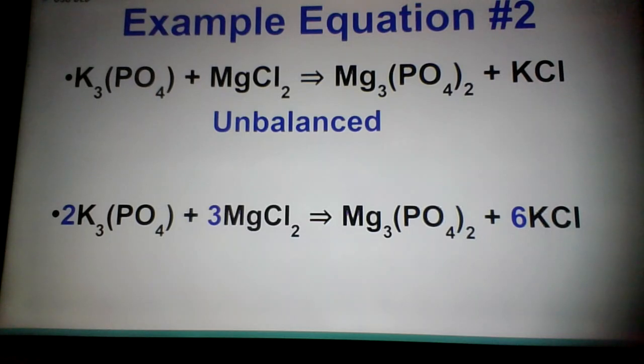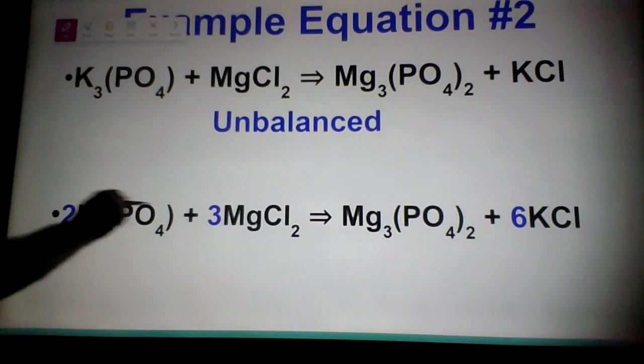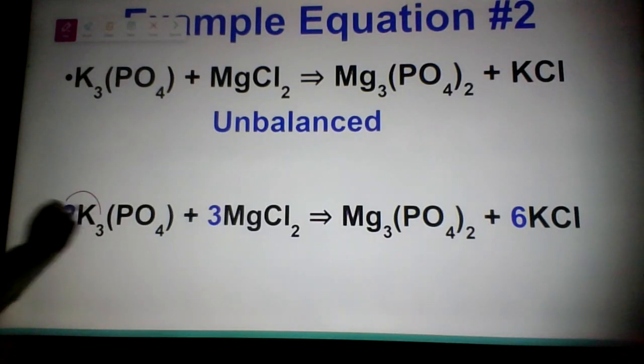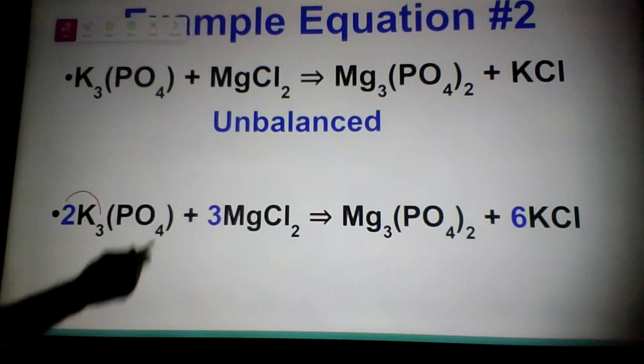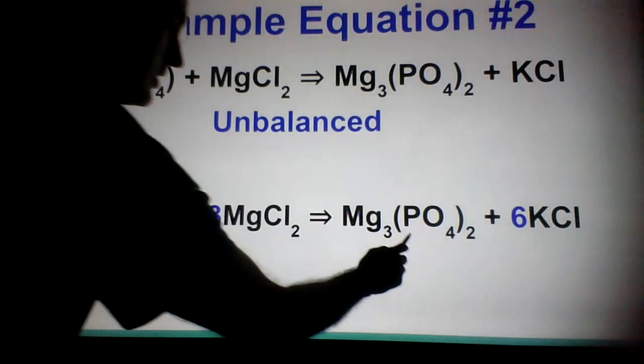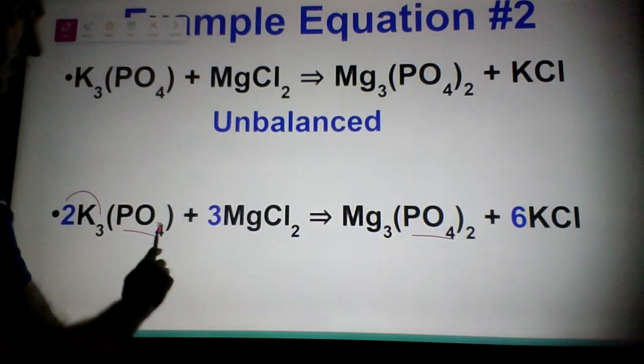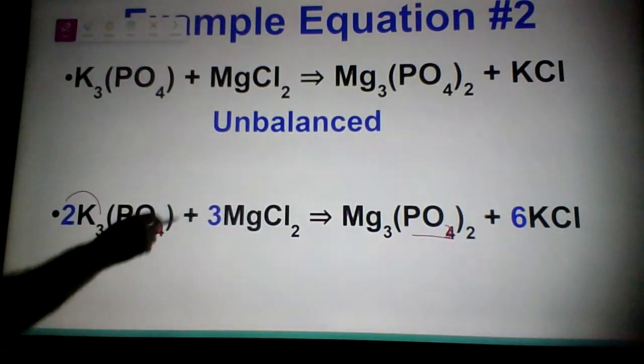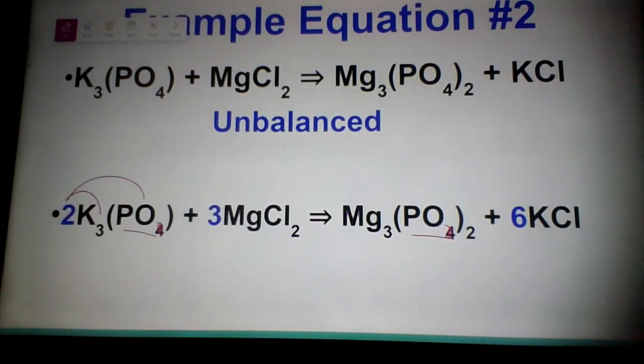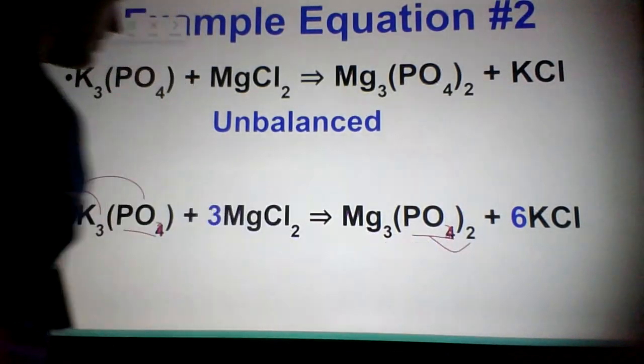I'm going to save the explanation of this for the practice problems, but here you see, let's go through. That 2 in front of this entire molecule, that's 6 potassiums. Now remember, don't go in the parentheses. As long as you have PO4 in the parentheses, you can kind of ignore this right here, and whatever's inside there you have twice. And you have 2 of those here.